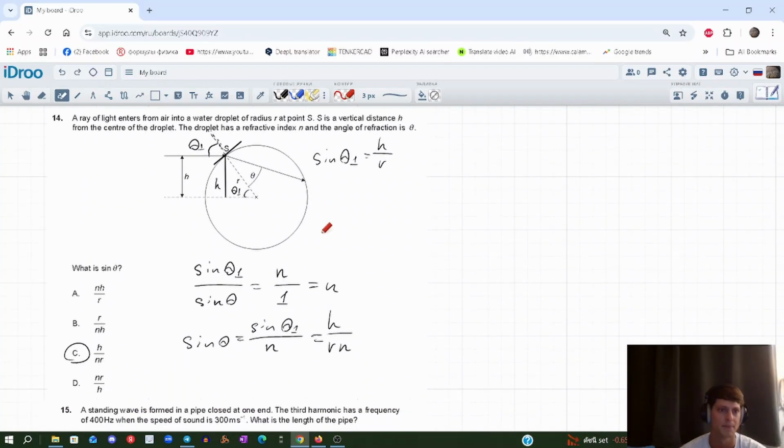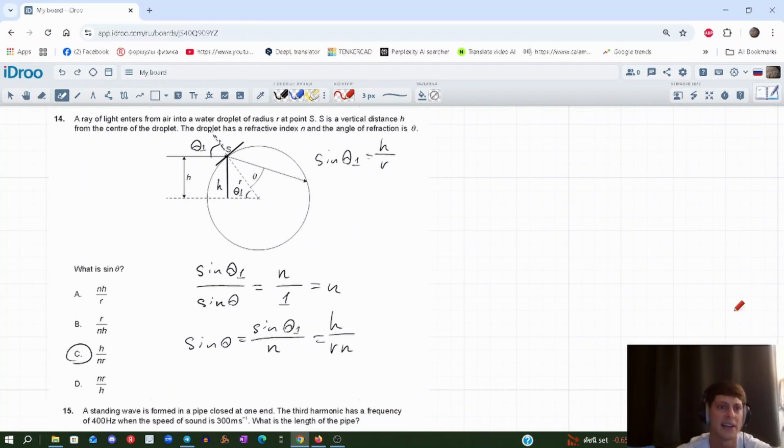Number 14. A ray of light enters from air into a water droplet of radius r at point S, which is a vertical distance h from the center of the droplet. The droplet has a refractive index n and the angle of refraction is theta. Okay, we will just use Snell's law here.